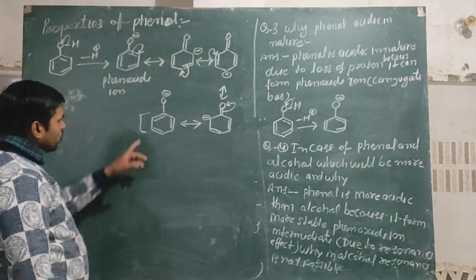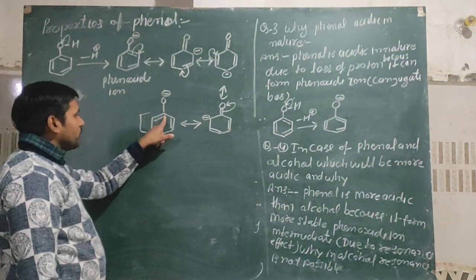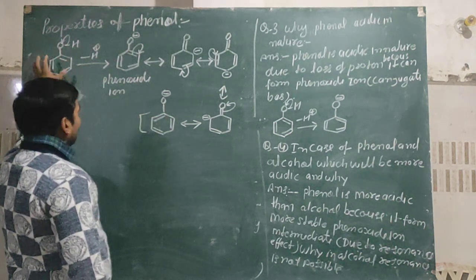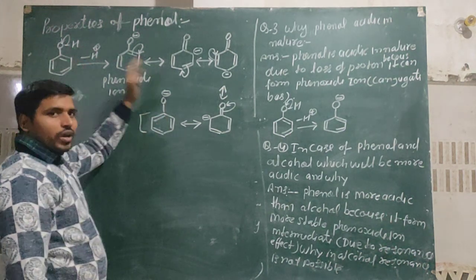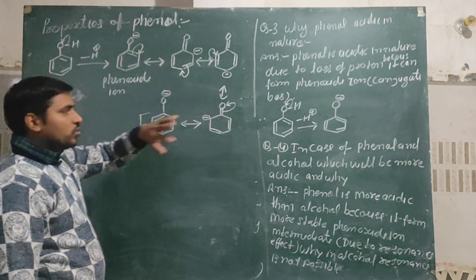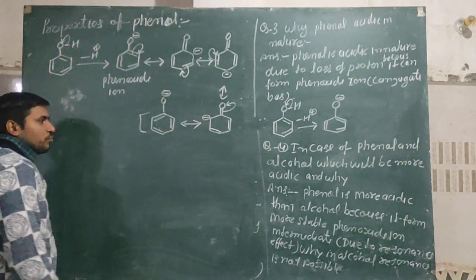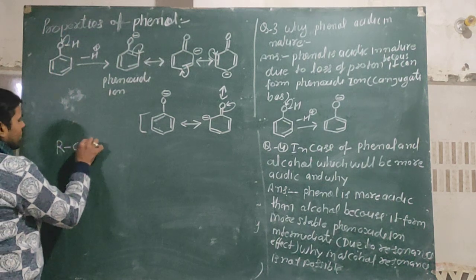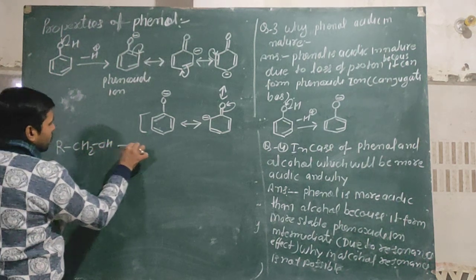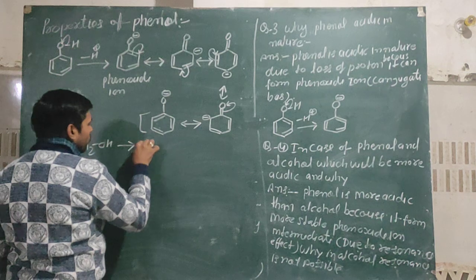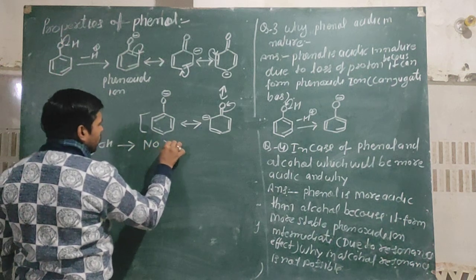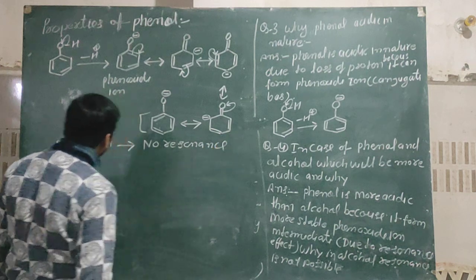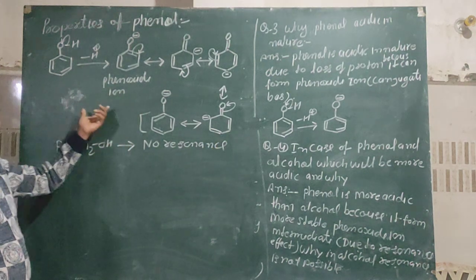So due to stabilized phenoxide ion, phenol is more acidic as compared to alcohol. In case of alcohol or CH3OH, there is no resonance. Okay, due to this reason it is less acidic than phenol.